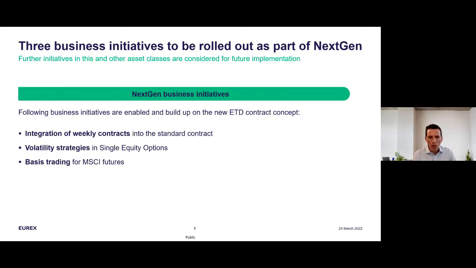The other 2 are new additional functionalities, but with the integration of the weekly contracts, we touch existing business and existing contracts. The second initiative, volatility strategies in single stock options, and the third, basis trading in MSCI futures.